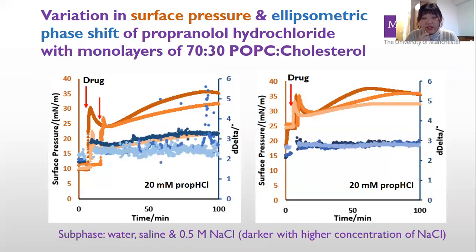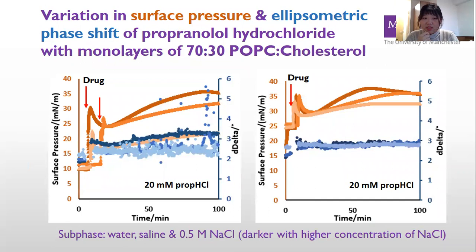Here it shows the variation in surface pressure and ellipsometric phase shift of a POPC cholesterol monolayer interacting with 20 millimolar drug, which is much lower than the CMC value. The surface pressure data is very interesting because it can give information like drug absorption and lipid loss.